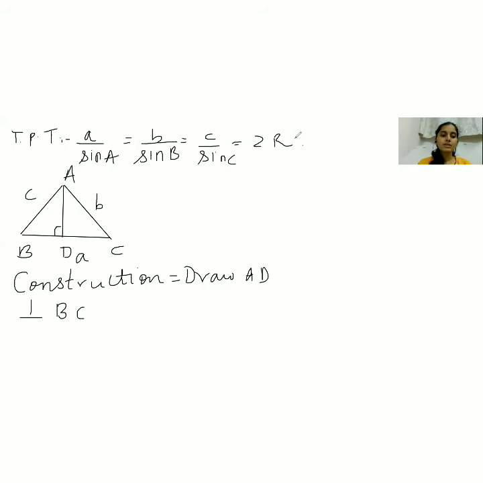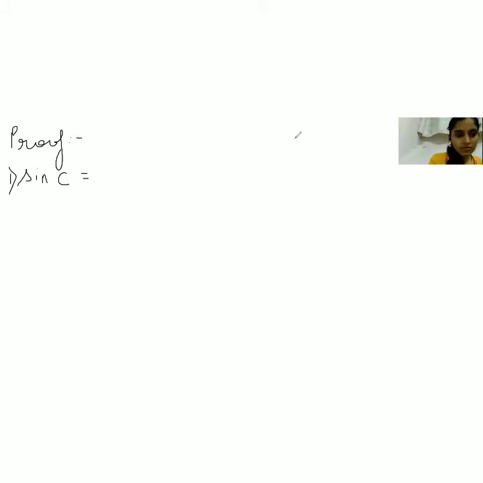Sine C is opposite upon hypotenuse, that is AD upon b. AD upon b.